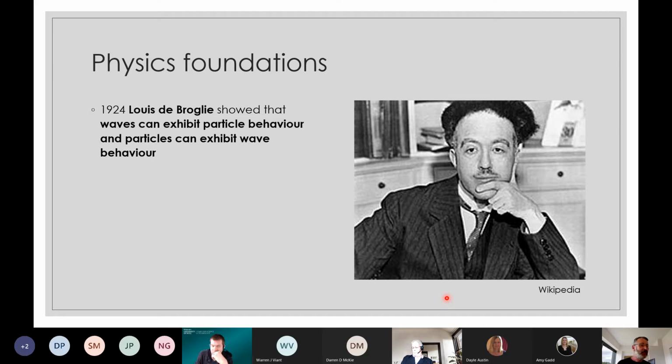In fact, it's been shown that larger collections of atoms can also exhibit wave behavior. So there's this strange duality that we don't see at our macroscopic level, or normally don't see, that actually things that seem solid can also be behaving like waves. And this is really key to quantum computing.